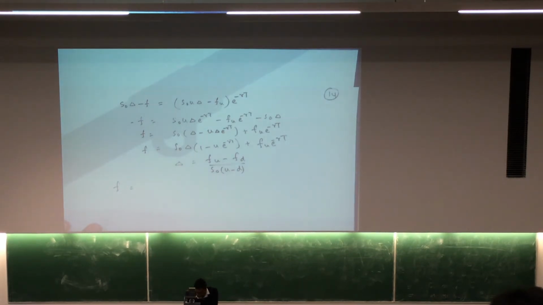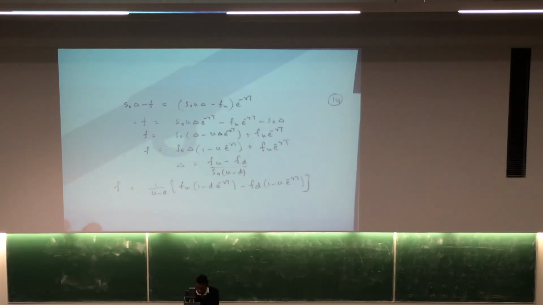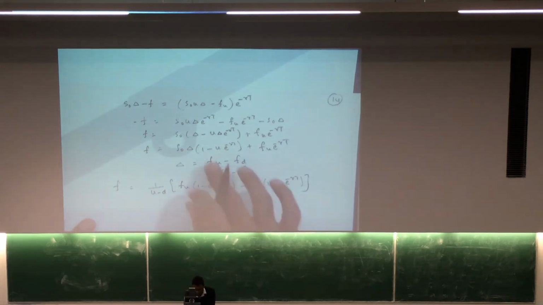When I substitute the delta value here, I'm just giving the final one. So this would be 1 upon U minus D times Fu 1 minus D e power minus RT minus Fd 1 minus U e power minus RT.